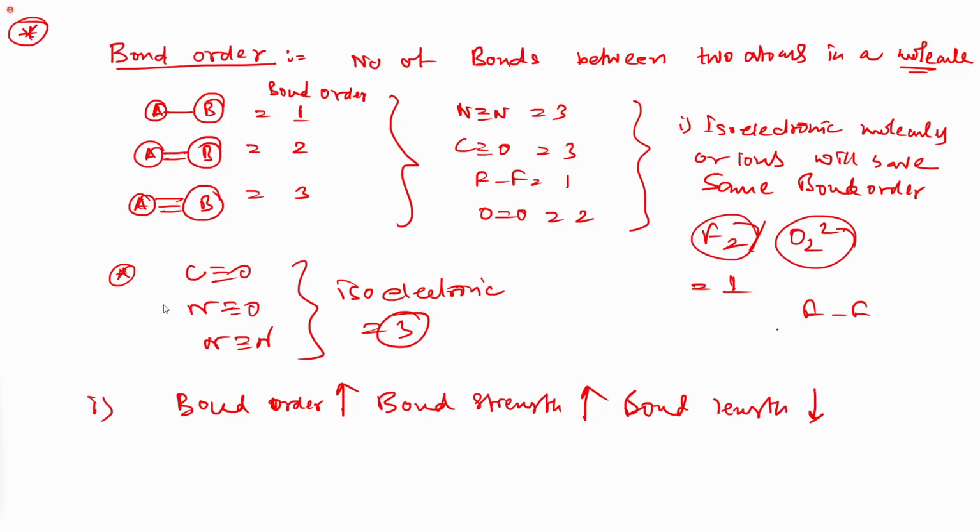F-F bond order is 1, but for N2, NO and CO, the bond order is 3. So these bonds are stronger. The bond strength of CO and NO is stronger than F2. But when the bond strength is increasing, the bond length will be decreasing.